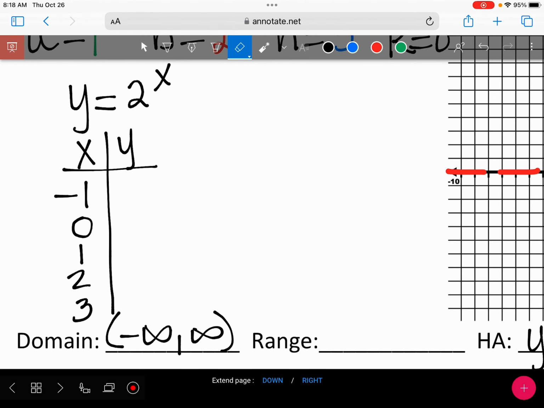So 2 to the -1, we'll just write that as a decimal, 0.5. Anything to the power of 0 is 1. Anything to the power of 1 is itself. You should know that 2 squared is 2 times 2, and 2 times 2 is 4. And 2 to the third is 2 times 2 times 2, and 2 times 2 times 2 is 8.